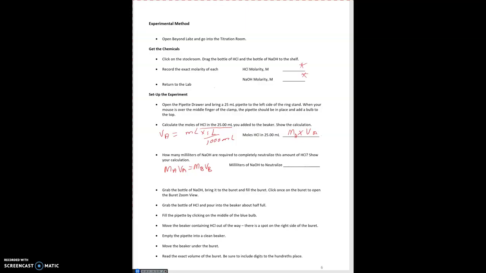So you're going to rearrange this equation, and the volume of the base to neutralize the acid is going to equal molarity times volume of the acid divided by molarity of the base. And here, because units are canceling, you can leave it in milliliters. You do not have to change to liters.